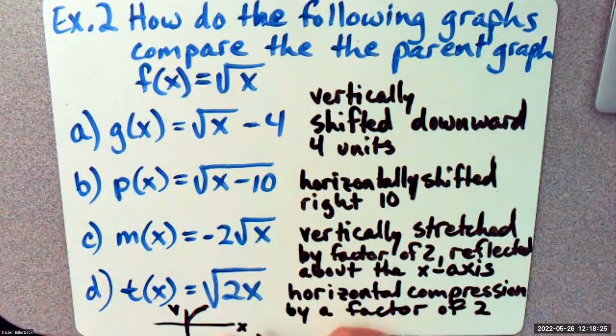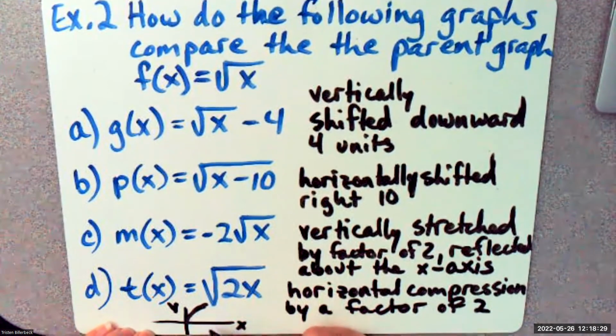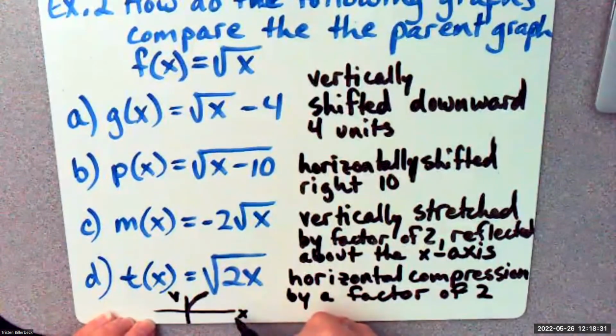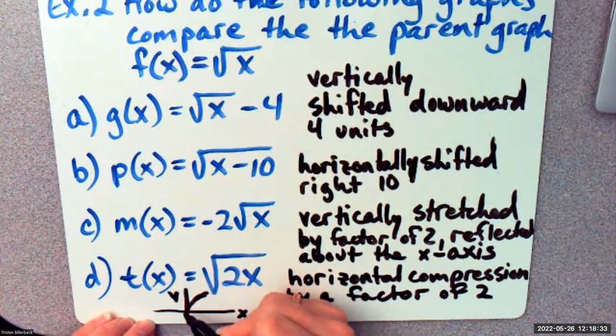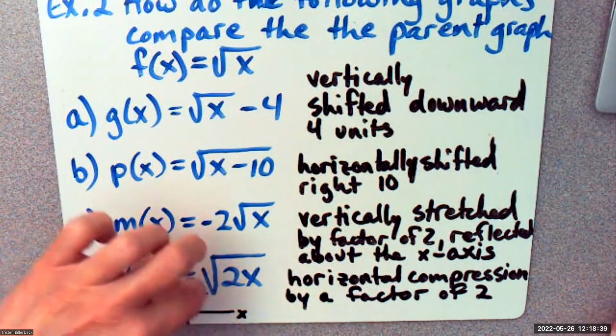It's moving away from the x-axis, and the x-axis is where the horizontal compression happens. The vertical axis, the y-axis, is the vertical stretch right there.